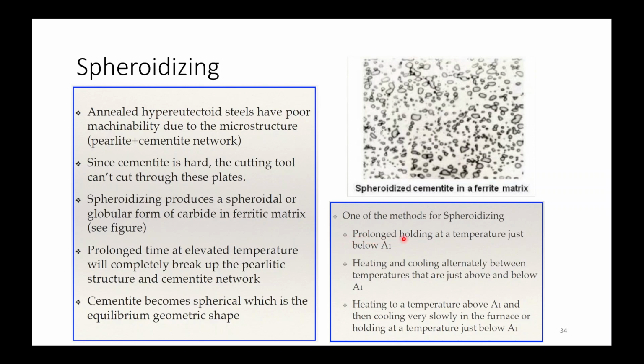It can be either prolonged holding at a temperature just below A1, or it can be heated and cooled alternately between temperatures just above and below A1, or it can be heated to a temperature above A1 and then cooled very slowly in the furnace, or held at a temperature just below A1.